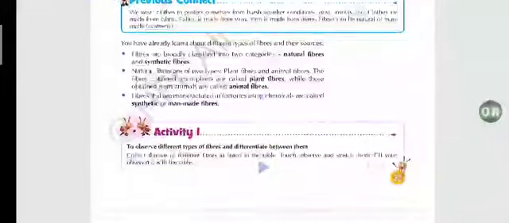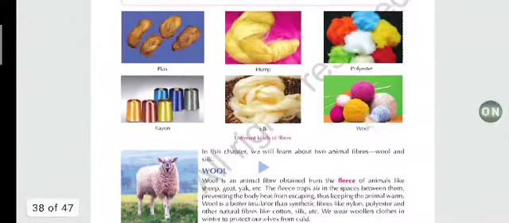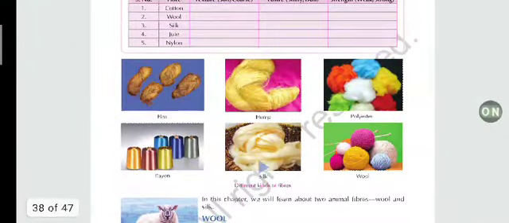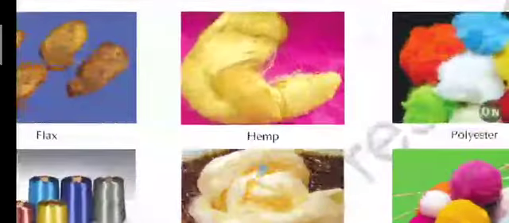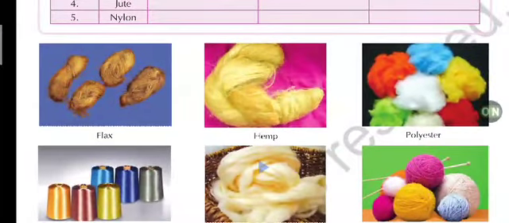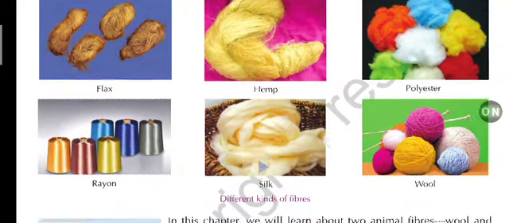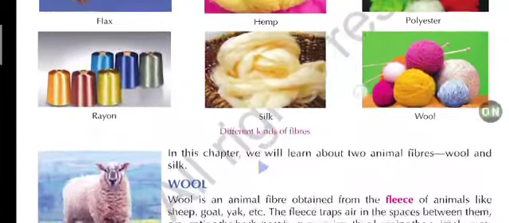In this chapter, as I told you, different fibers look different from each other. In these pictures, students, these are hemp, polyester, flax, rayon, silk, and wool.